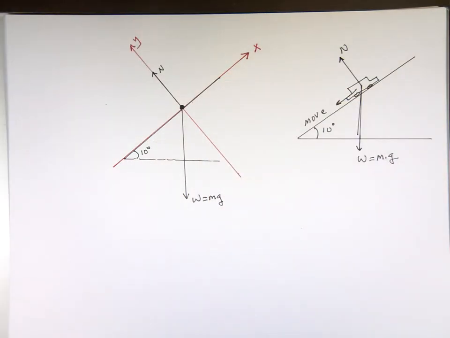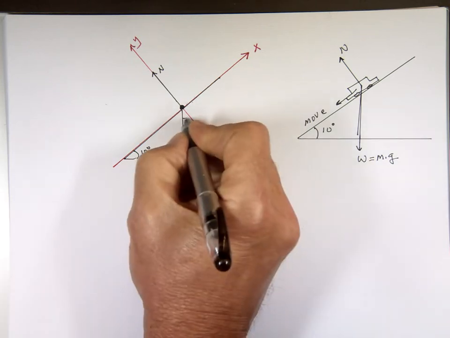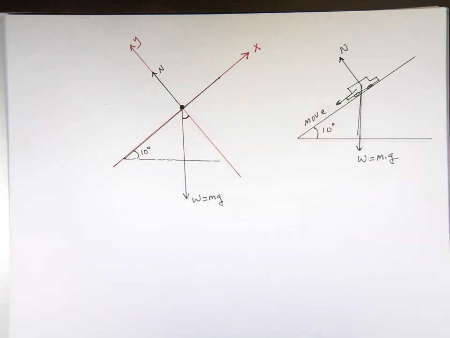If this is 10 degrees, what's this angle, by the way? Here's your geometry. 80? Well, 170. Try again. 260. How about 10 degrees? Why?